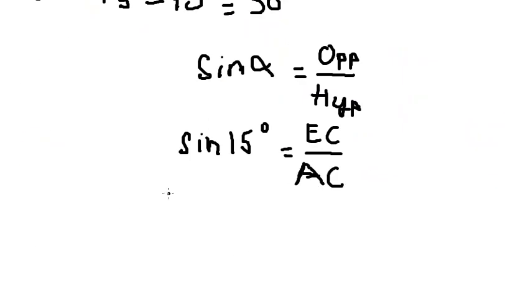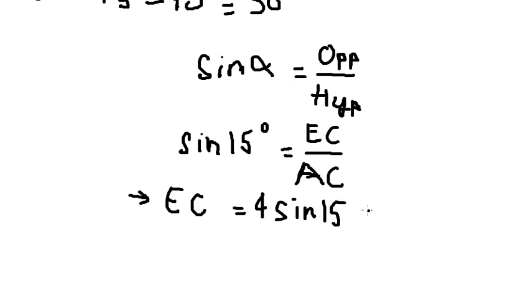Now I want to find EC. So in this one, I will put AC multiplied by sine 15 degrees. AC we have number 4. So we calculate this one, and we have the square root of 6 minus the square root of 2.